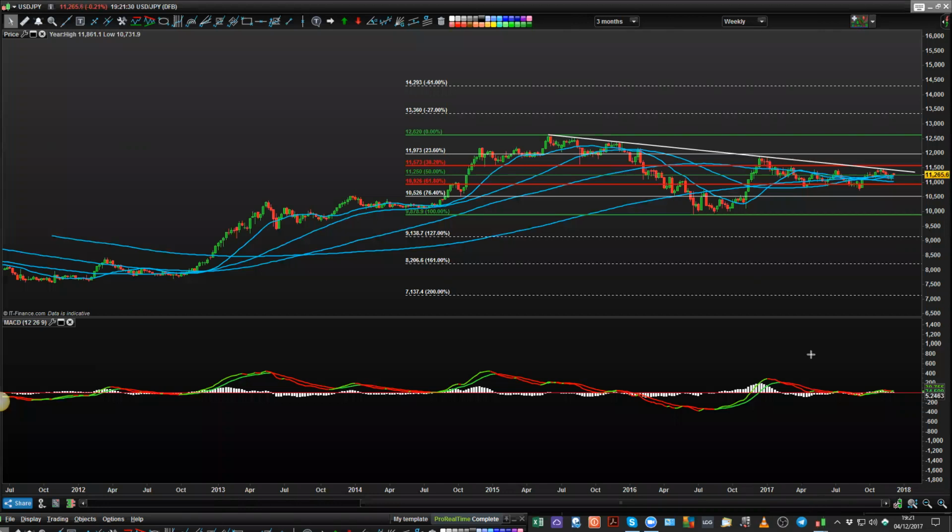So what have we got here? We've got here some distance away from the midline. Bear in mind, the whole point of Forex is that Forex loves to get back to its mean average.